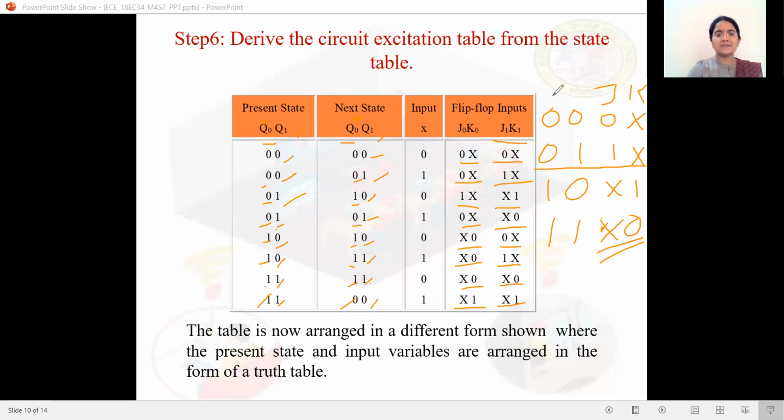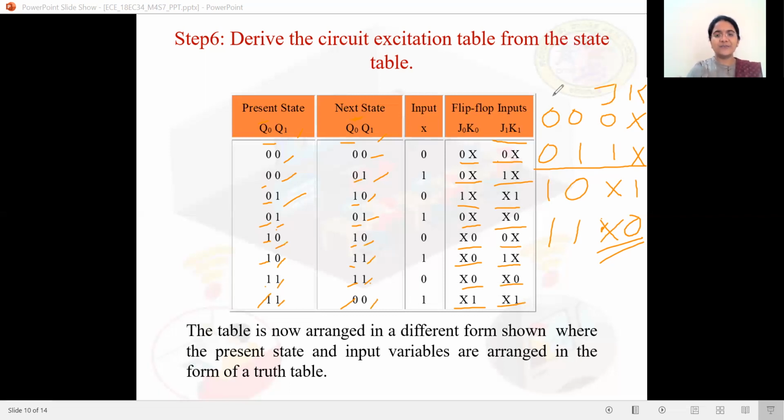First, we have to write present state and next state columns, and afterwards we have to write the input. Otherwise, we can write the input between the present and next states. And after that, we have to write the flip-flop inputs. For flip-flop inputs, we have to consider which flip-flop we are considering, and we have to remember the excitation table for that, and then we have to write the flip-flop inputs by considering the present state and next state of the particular flip-flop.